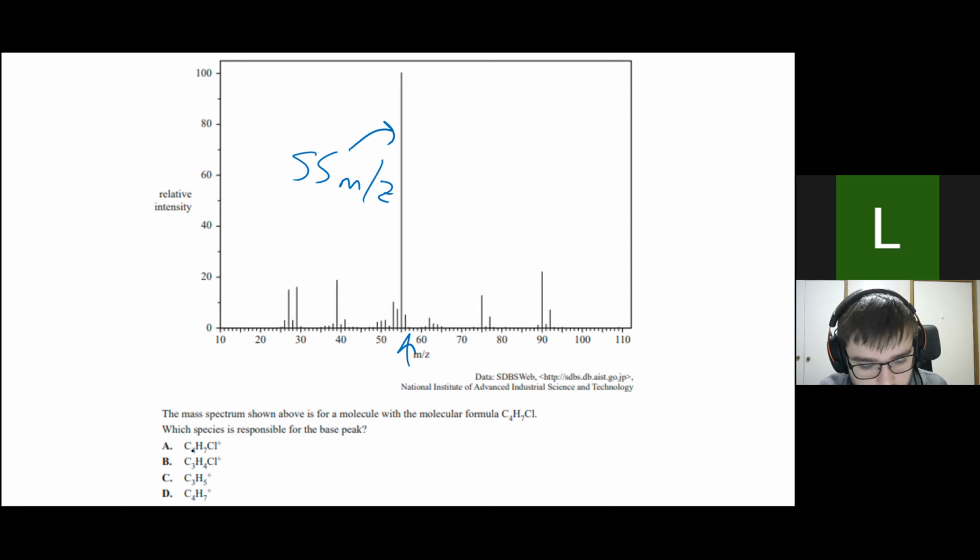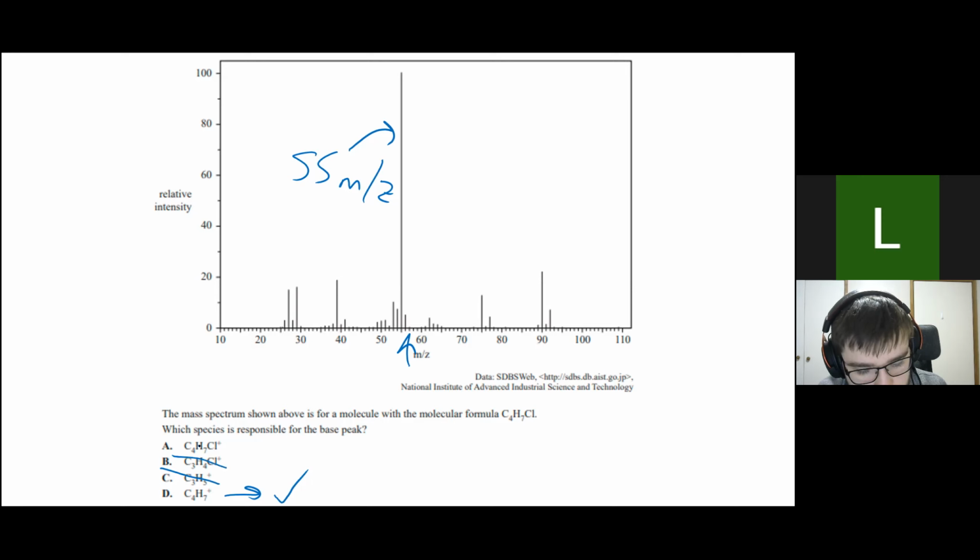Which ones of them actually add up to 55? So I'm just going to look at the bottom. That's 55. So that one's fine so far. C3H5, that's 36 plus 5, 41. Definitely not that one. C3, 36, H brings up to 40, plus chlorine is 75. So definitely not that one.